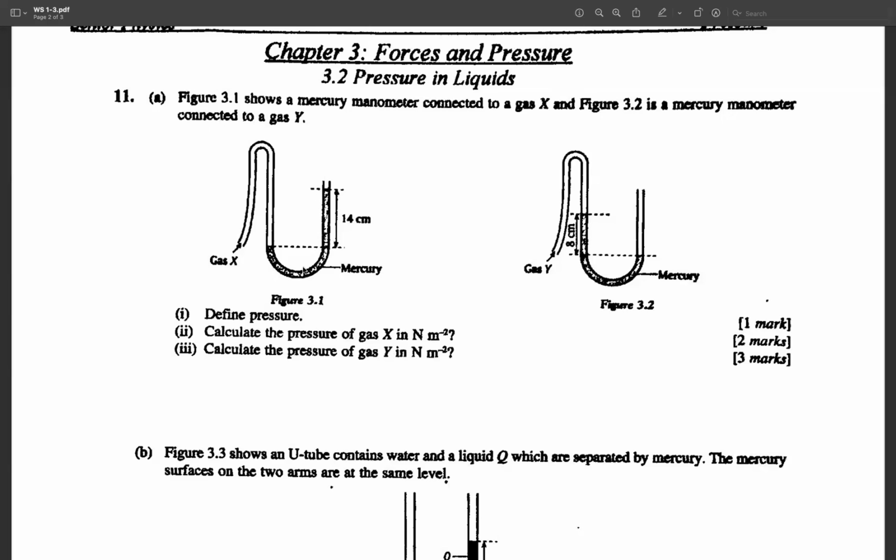So you can see that this is also a U-tube, right? A U-tube manometer, but then you have gas X entering from here.